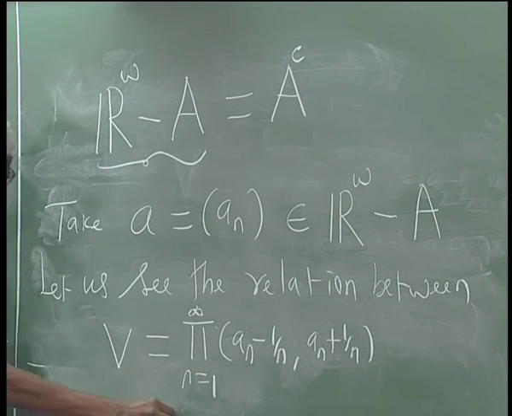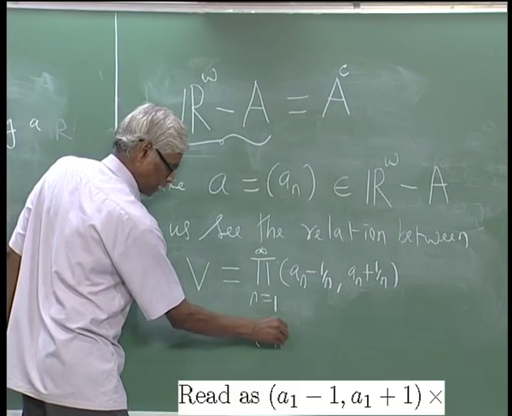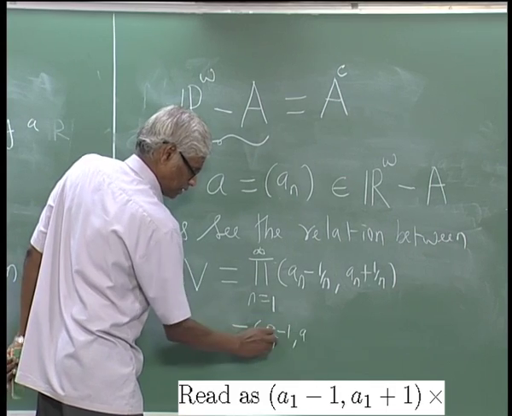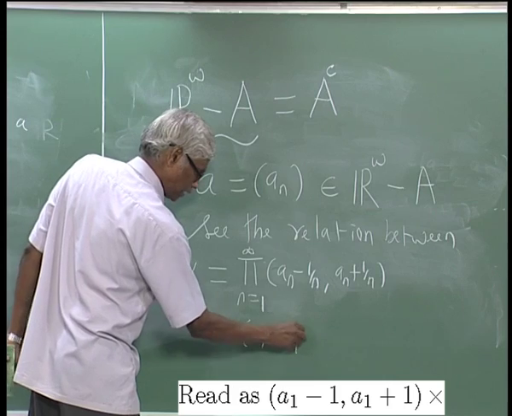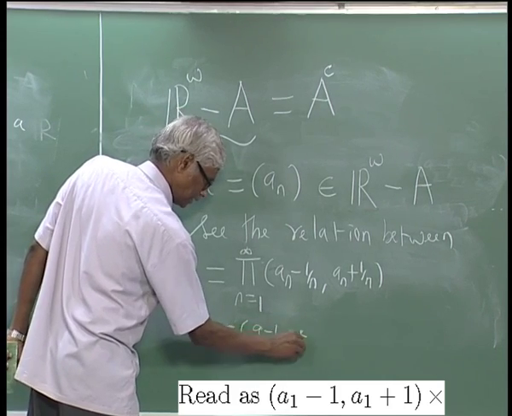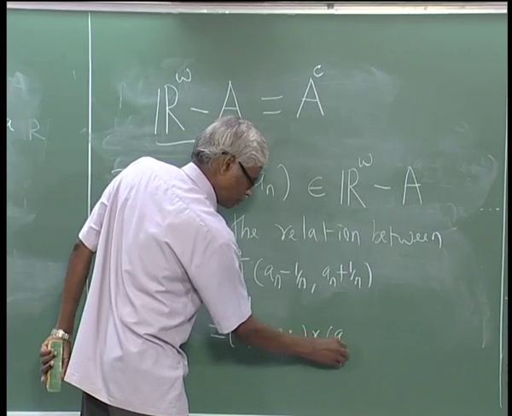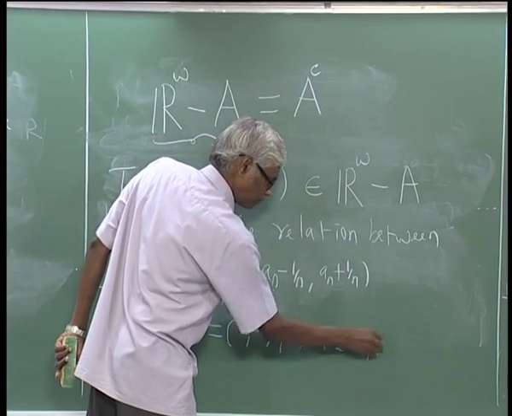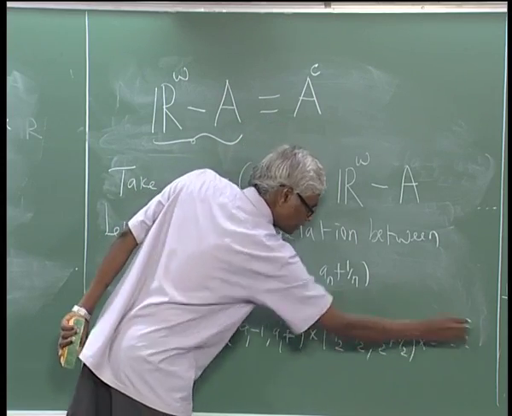This is the same as writing, for n equal to 1, the open interval (a_1 minus 1, a_1 plus 1), cross (a_2 minus half, a_2 plus half), and so on.